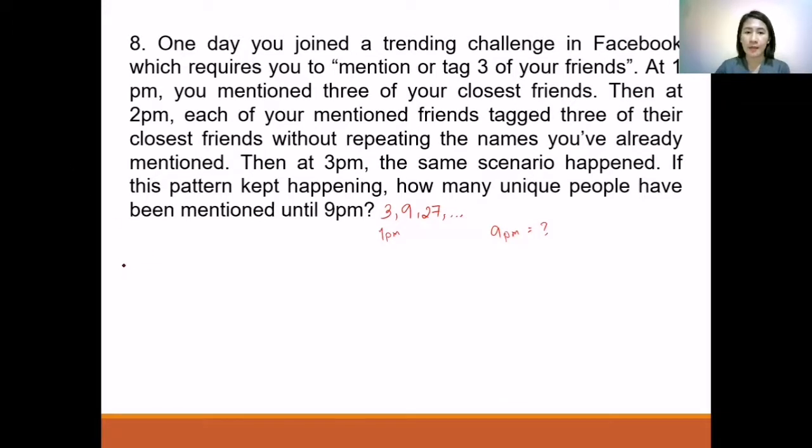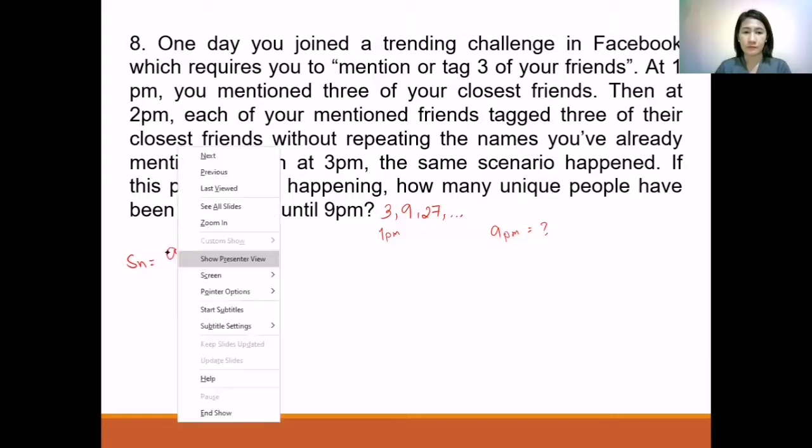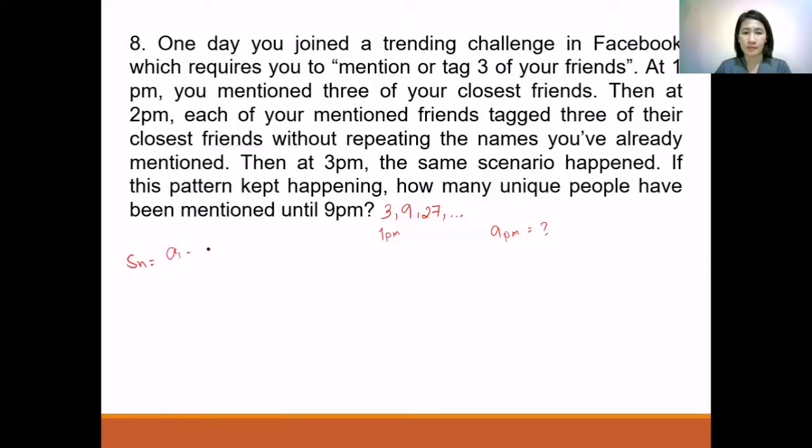So with that, we will now apply the formula S sub n is equal to, let me correct that, S sub n is equal to a sub 1 minus a sub 1 times r raised to n, over 1 minus r.